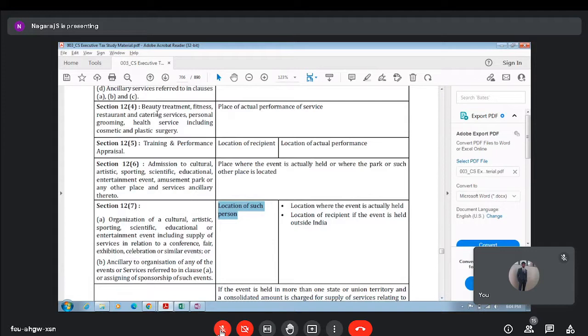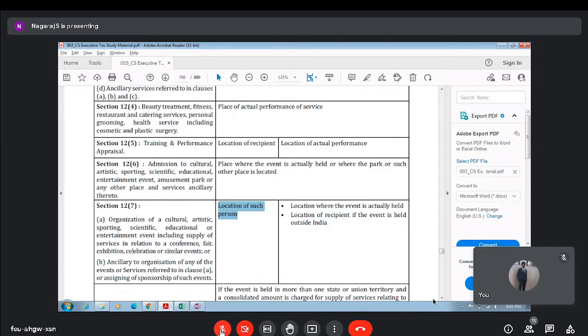All these things, what are these? Immovable property, beauty treatment, training, admission, organizing. All this happens, events happen. I mean to say all these things happen in more than one state. Then the same logic, each state. If it is happening in more than one country and in one of the states in India, then the entire supply will be in the state of India, that will be the place of supply.